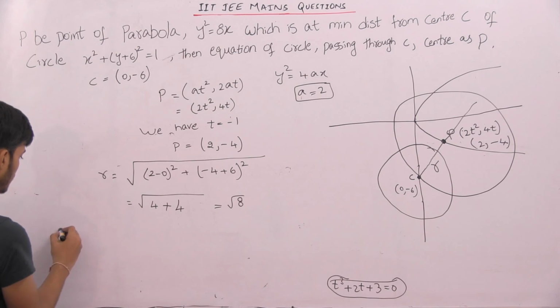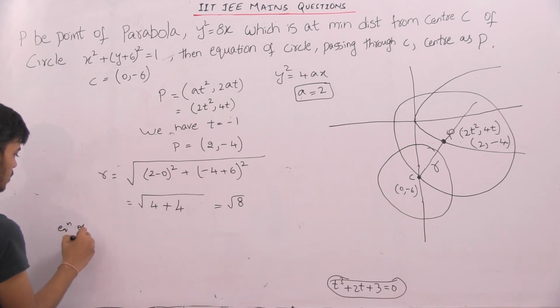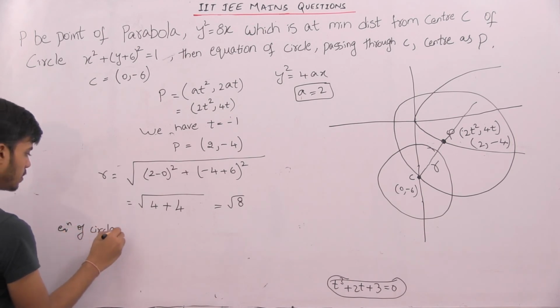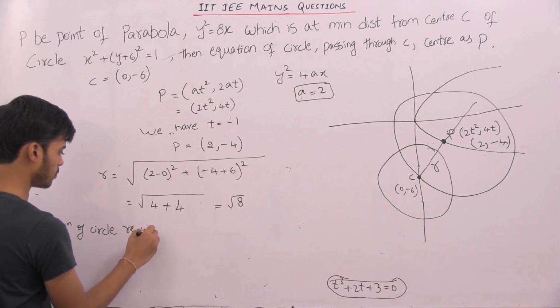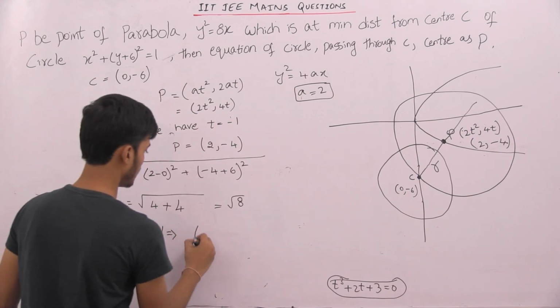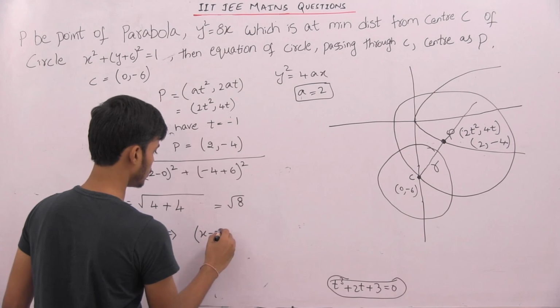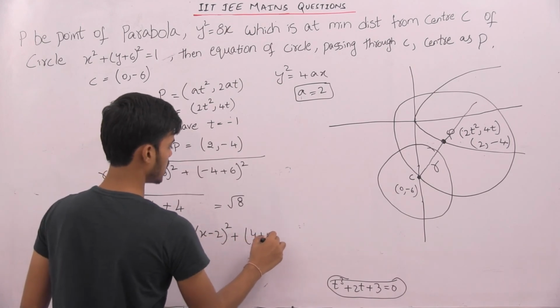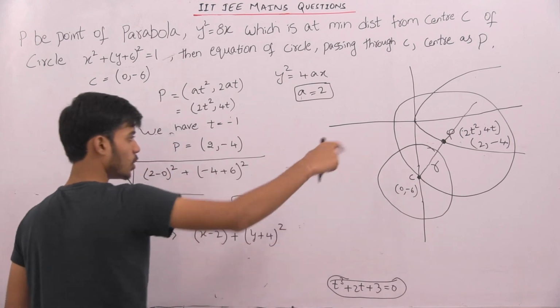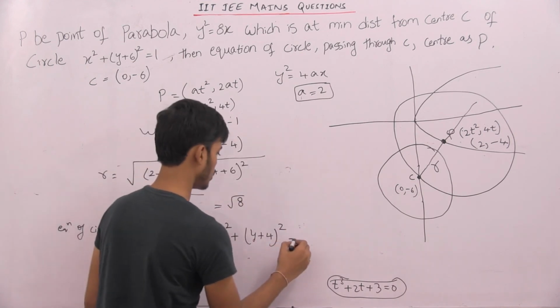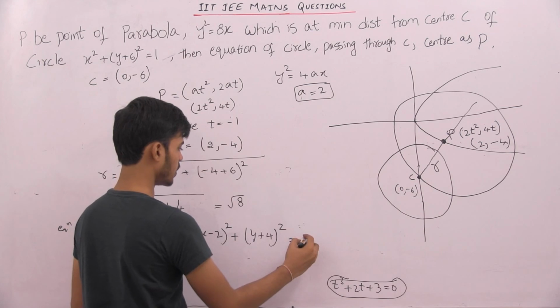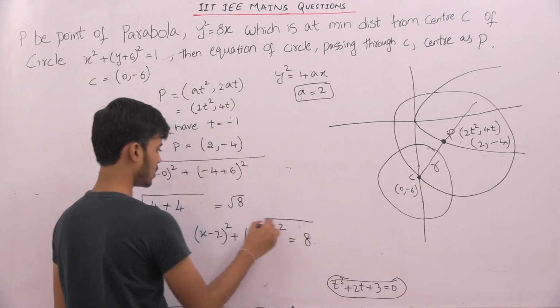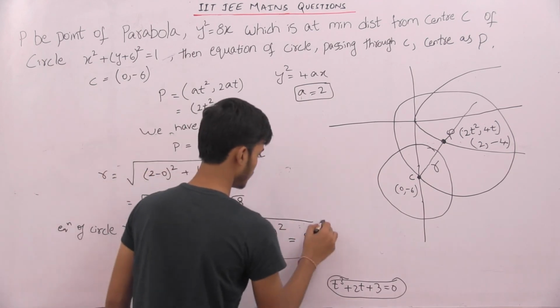Now the equation of the required circle is (x minus 2) whole square plus (y plus 4) whole square, because (2, minus 4) is the center of the circle, equal to the square of the radius, which is 8. So this is the required equation of the circle.